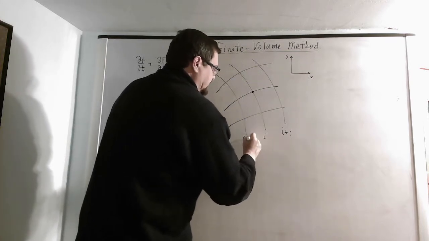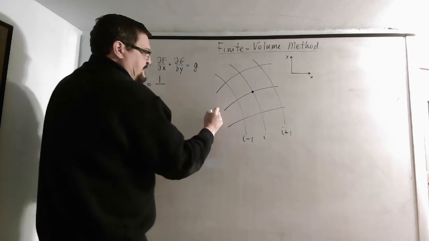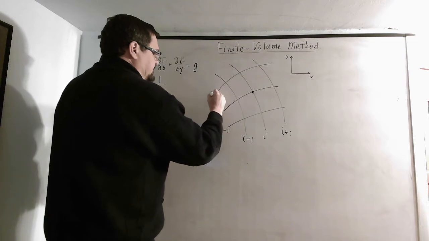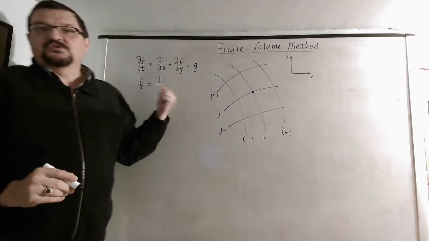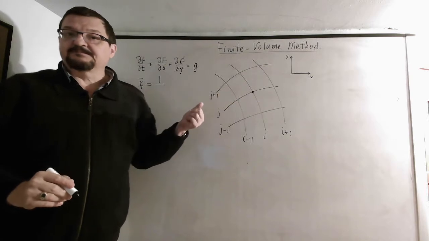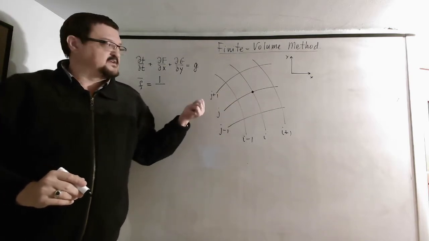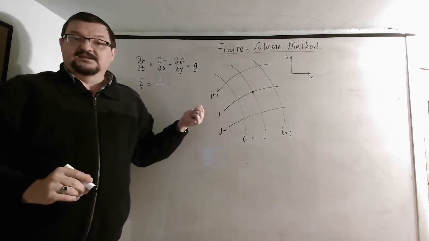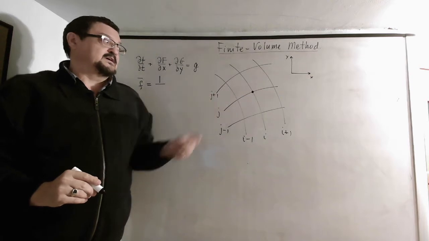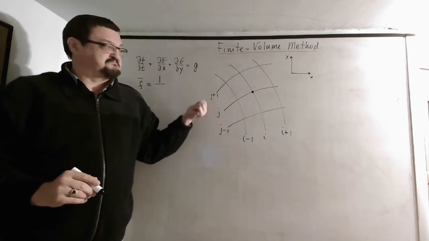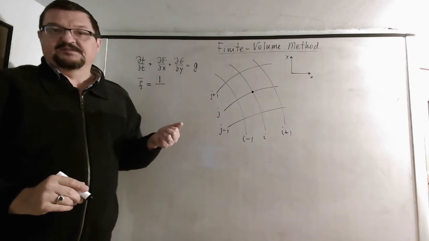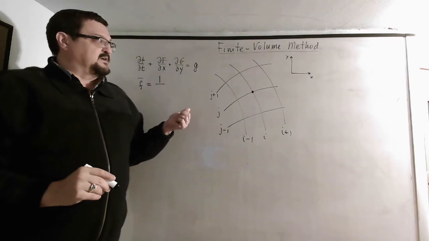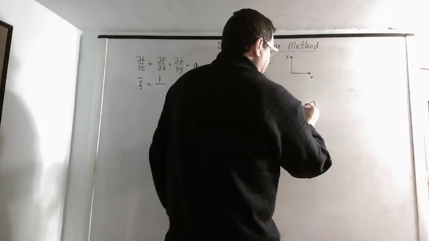We use index i in this direction and index j in that direction. If you can use two-dimensional or three-dimensional arrays to count your variables, then this grid is very well structured. If you can count all your grid points using arrays, it's very simple to code. But it could be, of course, some irregular grid, say a grid like that.